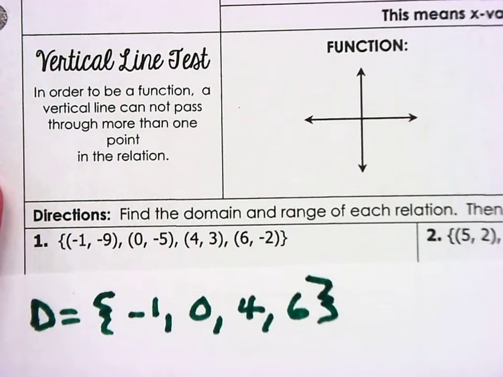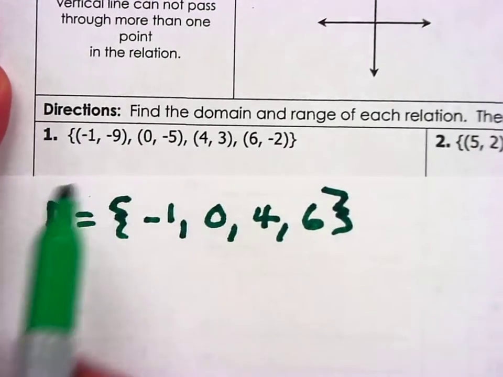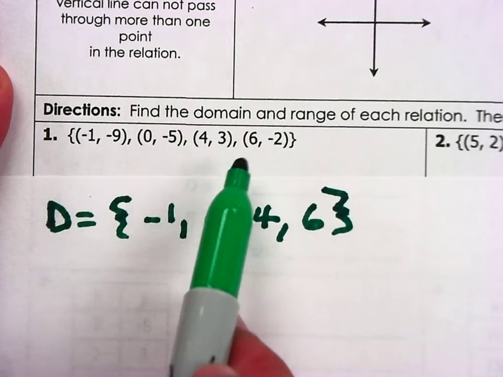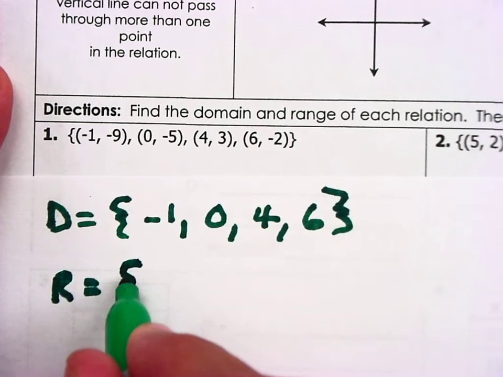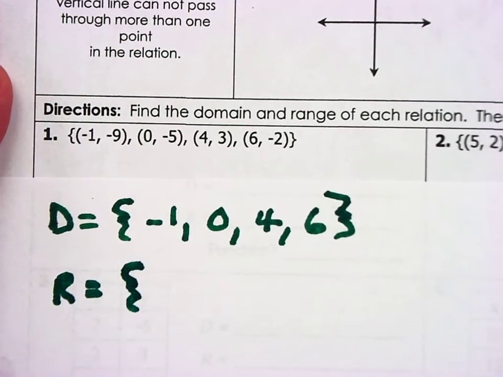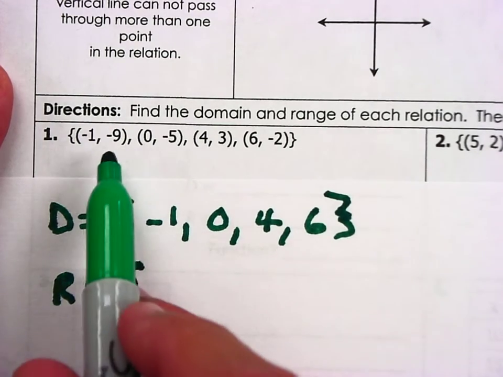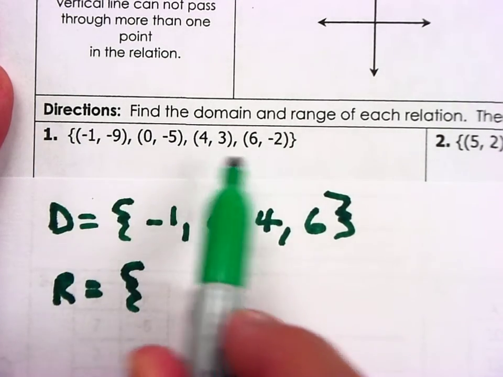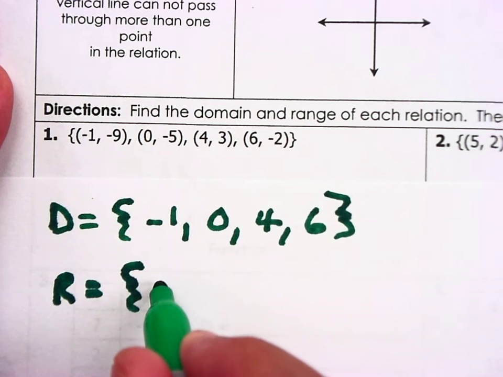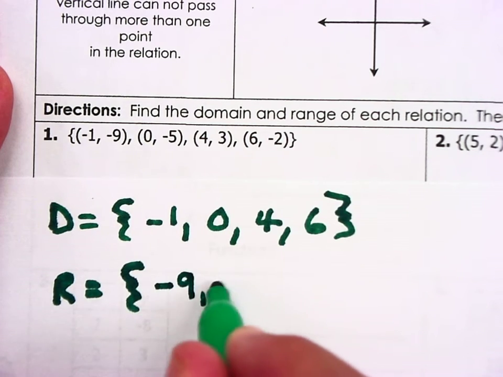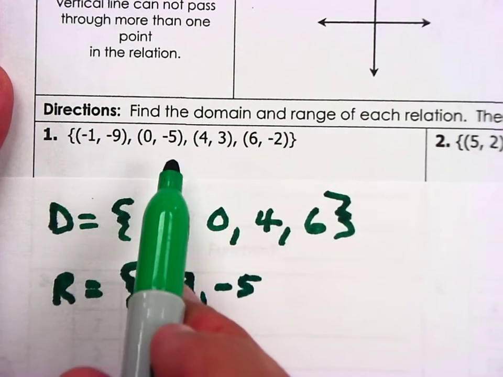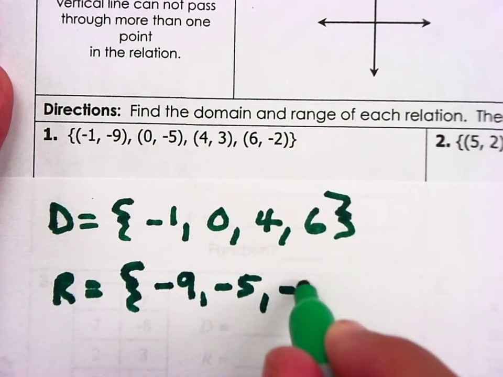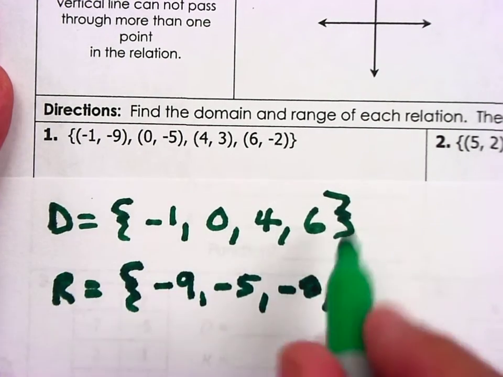Domain is all of the X values, okay? -1, 0, 4, 6. All right, range is all of the second values in each relation, or the Y values. So I have -9, -5, 3, and -2. I'm just going to put it in order. Usually in set theory, you put the numbers in order: -9, -5, -2, and then 3.